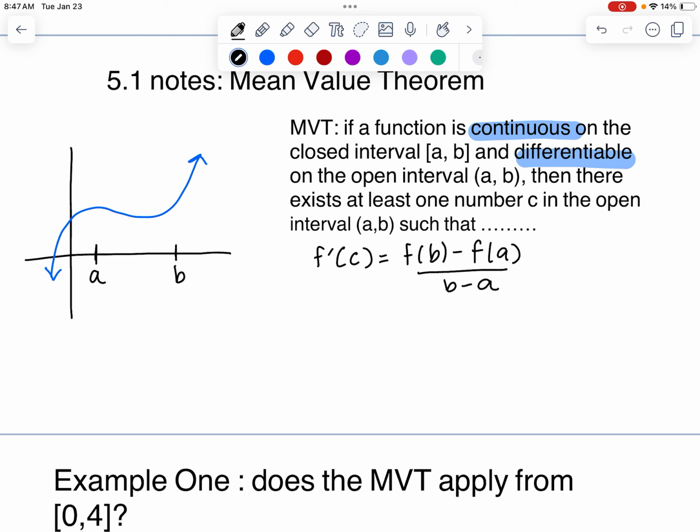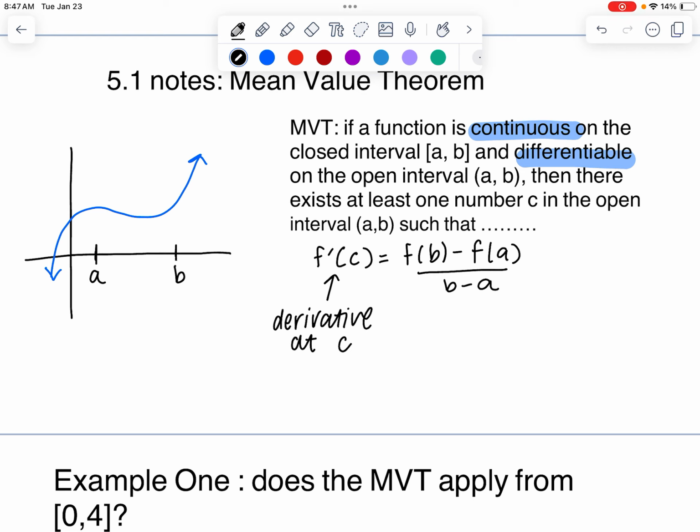a. And I want you to take a second and recognize what is that saying, because that's what it's saying in notation, but what does that mean in words? So try real quick to think about that. But if you thought about it, you could pause this, but this is what this means, right? F prime of c means the derivative at c.